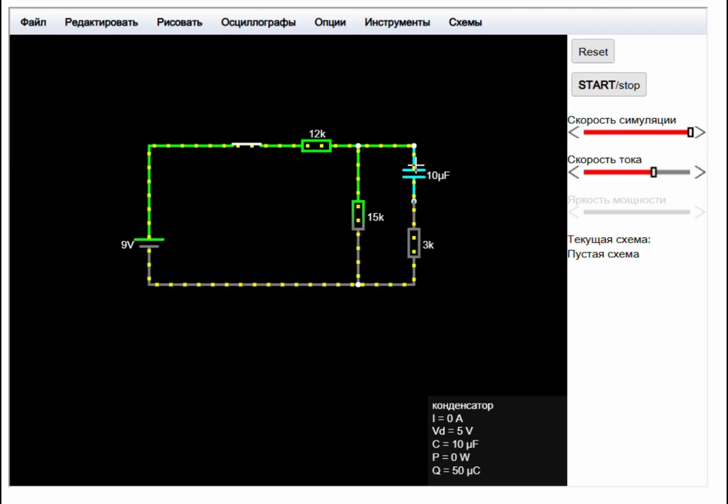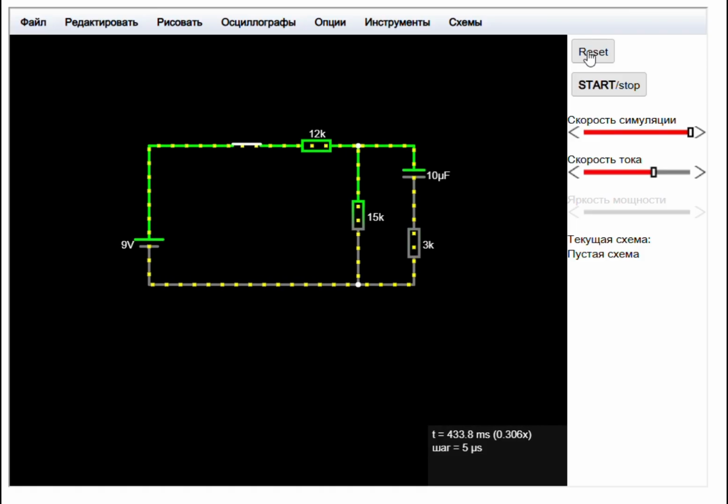In the third case, we cannot see that because it's too little time interval. We can just see the time roughly, but it will not be very visible. It's better if we put the reset when our capacitor is already fully charged.